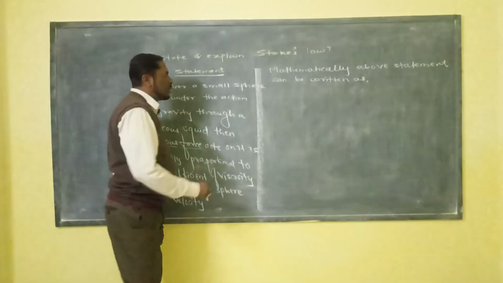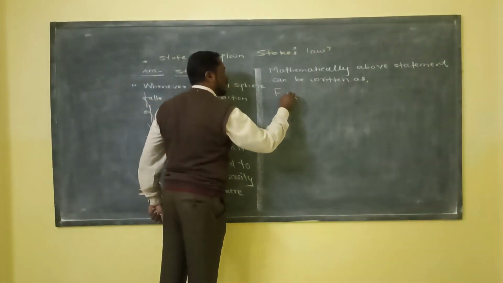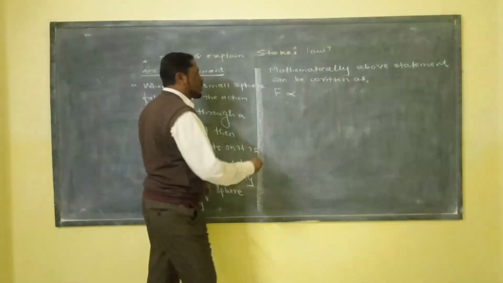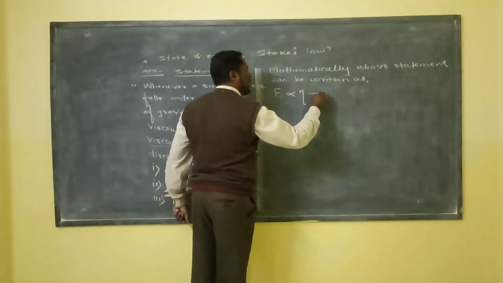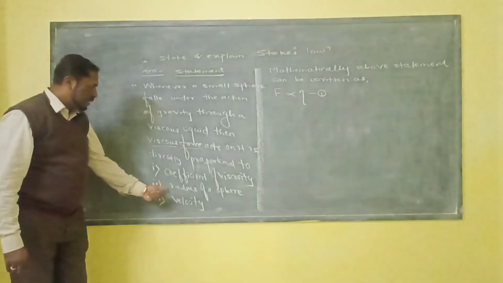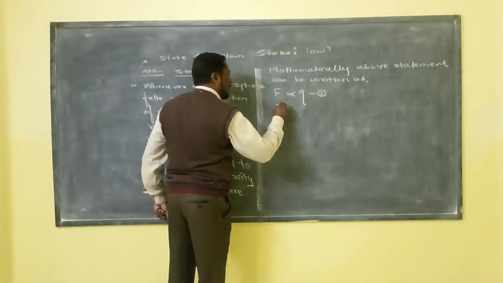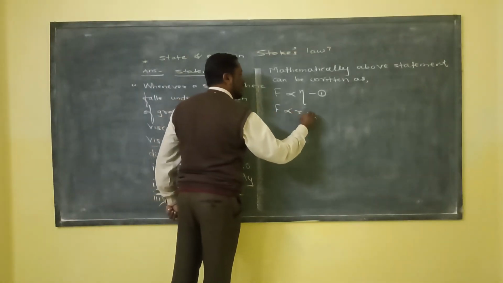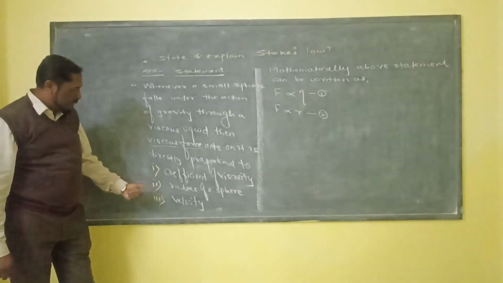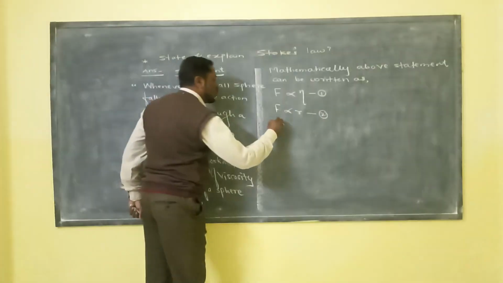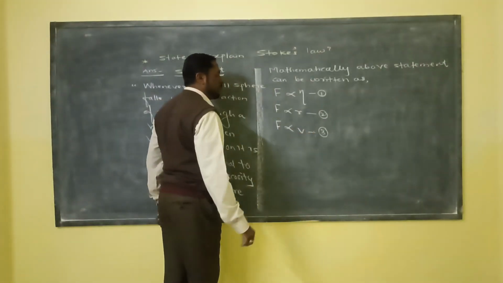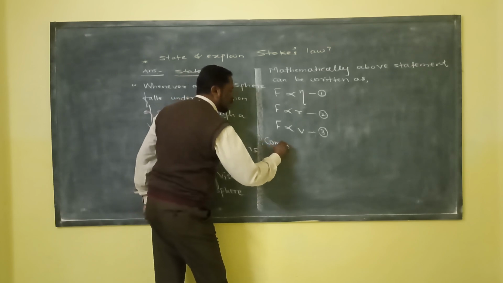The viscous force, represented by F, is directly proportional to coefficient of viscosity, represented by eta, equation number 1. Again, the viscous force is directly proportional to radius, so F is directly proportional to R, equation number 2. Again, the viscous force is directly proportional to velocity, so F is proportional to V, equation number 3.